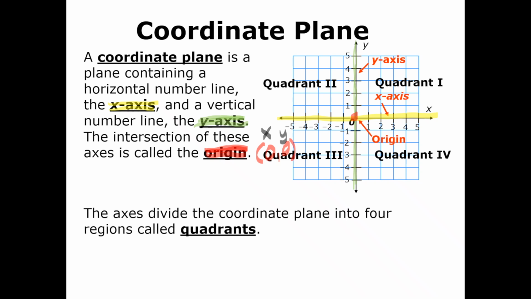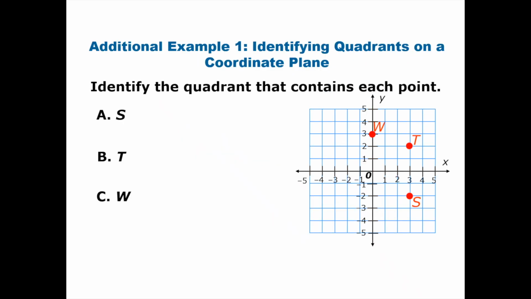So we have 4 sections on our coordinate plane. And in these quadrants, we can find a specific location of a point called an ordered pair. And so we're going to be learning how to identify coordinates and how to graph coordinates or ordered pairs.